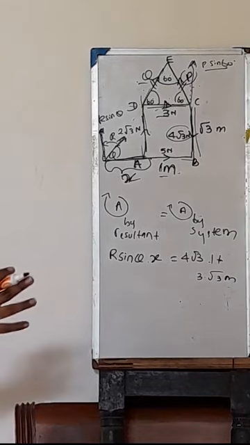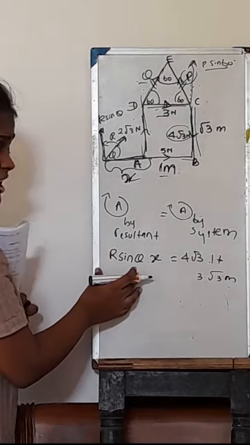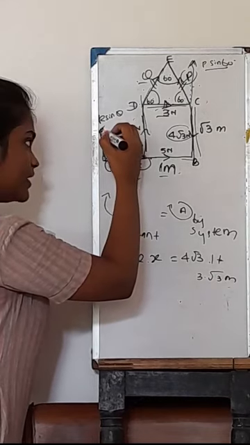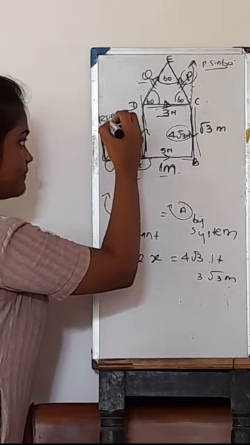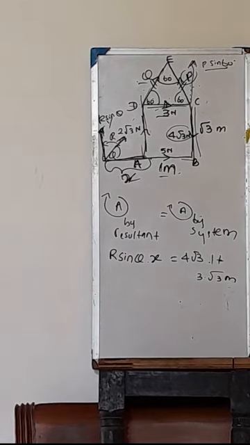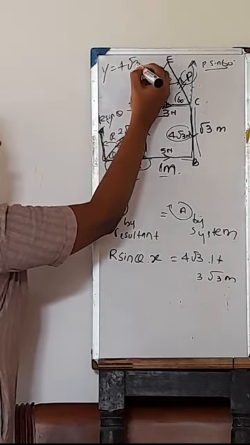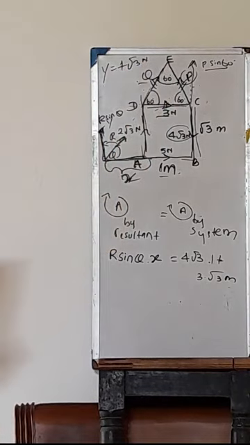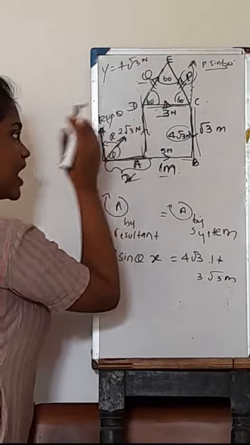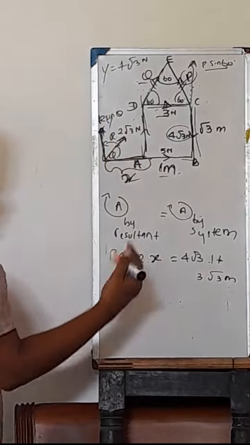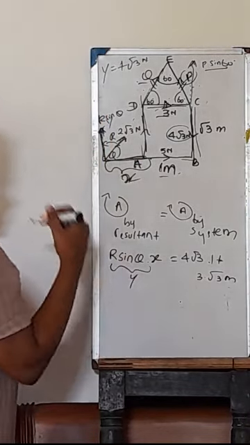So now you all might think, okay, we have to find R sine theta separately. No. We don't need to find that separately because this is the y component. What is the y component? The y component we have already found, it's 4 root 3 newtons, right? Y is 4 root 3 newtons. So you don't have to find this R sine theta separately. It's the y component, so we just substitute that because R sine theta is the y component.